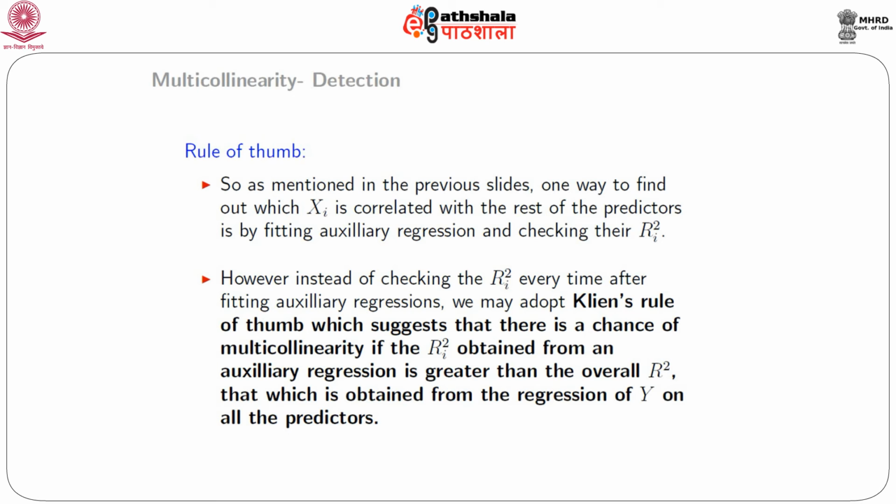However, instead of checking the Ri squares every time after fitting an auxiliary regression, we might adopt Klein's rule of thumb, which suggests that there is a chance of multicollinearity if the Ri square obtained from the auxiliary regression is greater than the overall R square that we had obtained from the regression of y on all the predictors.